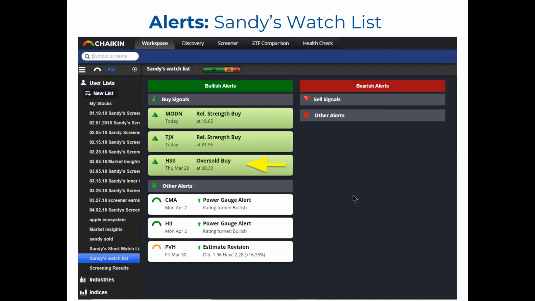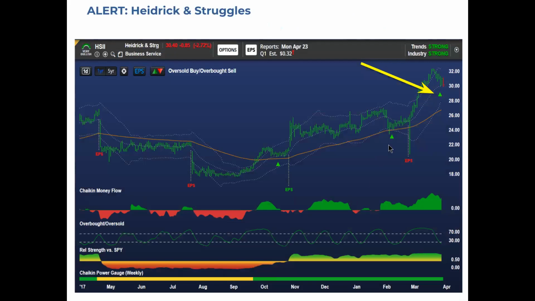This is how I found that there was an oversold buy signal on Heidrick and Struggles. And let's look at that chart again. We looked at it earlier under a classic bull because this is a classic bull pattern. Here's the buy signal, the trigger, right here. What I do is I overlay that signal to see where else that signal triggered, to see if it was reliable.